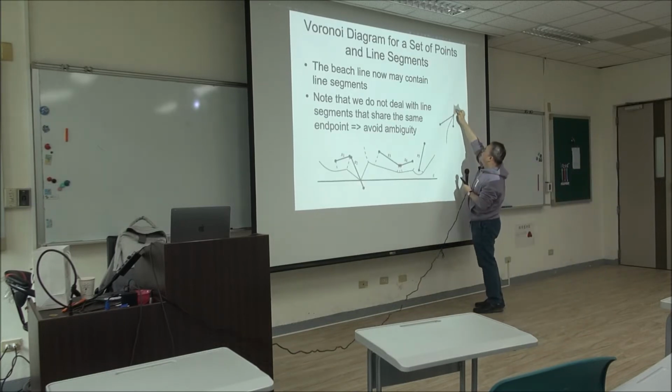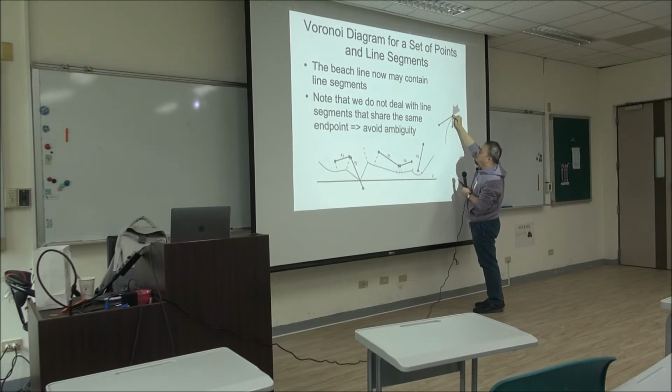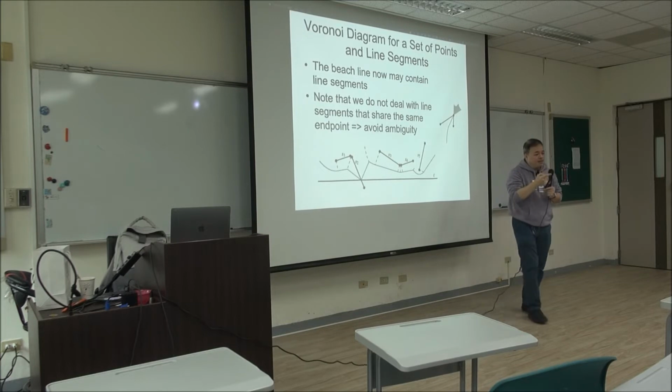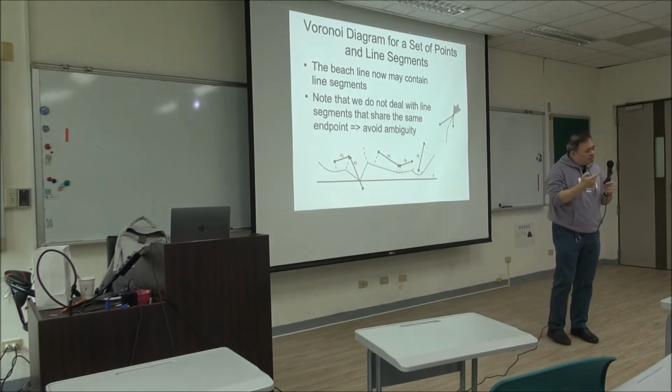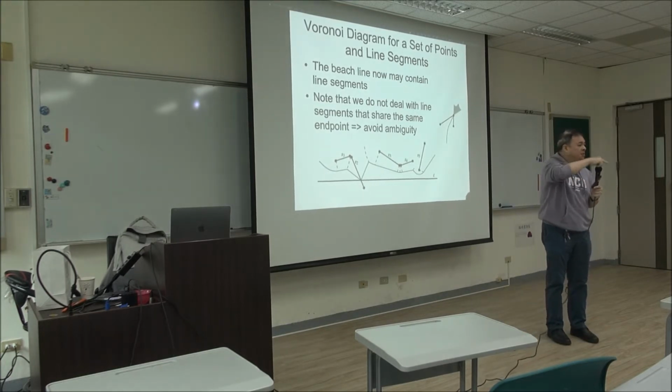Any point in this dark region has the closest point being this shared endpoint. Because this endpoint is shared by these two segments, these points are closest to two sides, right? Because each segment is one side. So they should all belong to the edge in the Voronoi diagram.